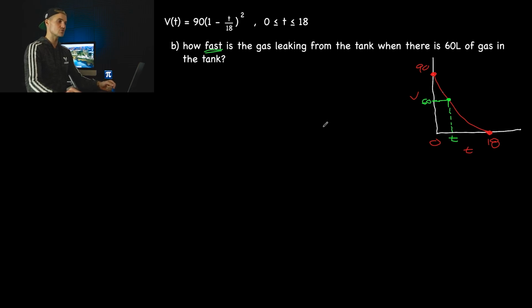So there's actually two steps here. First we have to find the t-value when the volume is 60. So step 1 is find t when v is equal to 60. To do that, let's plug 60 into the original function.